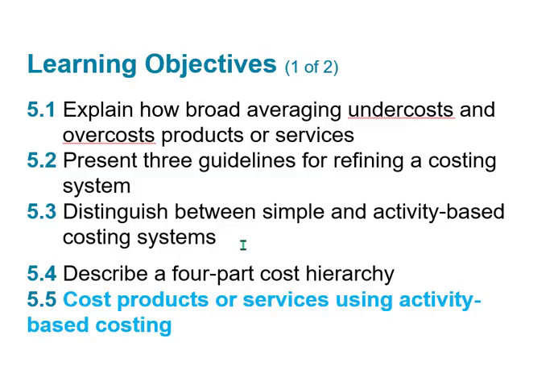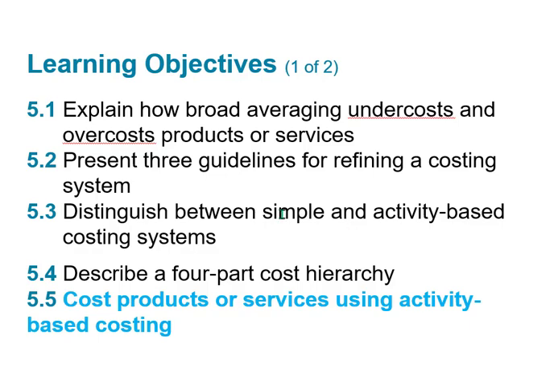And this is where we were. Okay, we started out in this chapter talking about how broad averaging undercosts and overcosts products or services, right? And this is an important thing to remember. When we say broad averaging, we mean using something like a single plant-wide overhead rate. Then they came up with guidelines for refining a cost system and distinguishing between simple and activity-based systems.